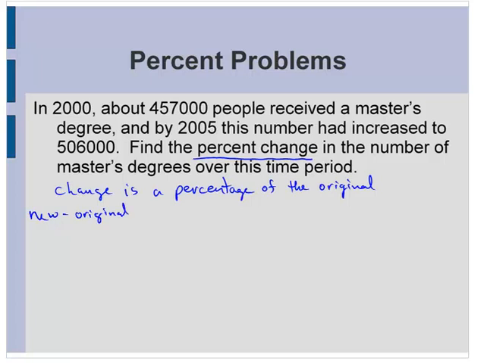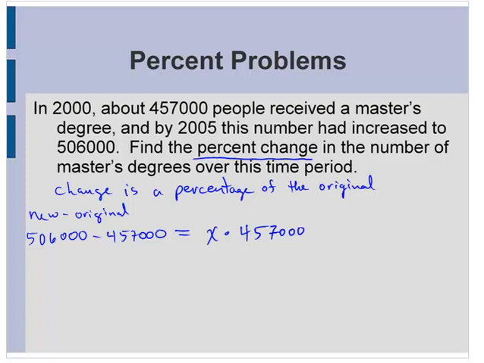The new number is 506,000. The original number was 457,000. It is a percentage, which is our unknown, of the original. When you see percentage plus of, that's a multiplication. The original was the 457,000. Going through the subtraction here.